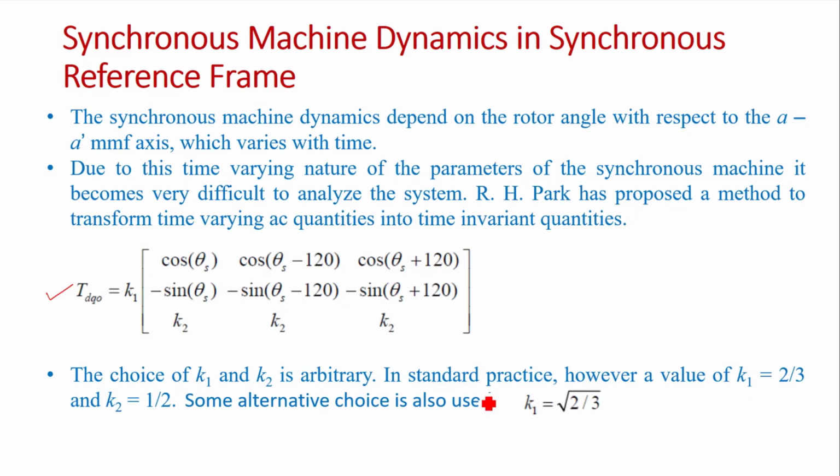And of course, we can choose K1 equal to square root of 2 by 3 and K2 equal to 1 by square root of 2. If we choose this, it becomes the power invariant transformation. And when we choose K1 equal to 2 by 3 and K2 equal to 1 by 2, it becomes the magnitude invariant transformation. So we'll prefer the magnitude invariant transformation here.